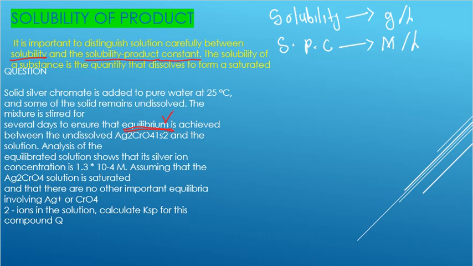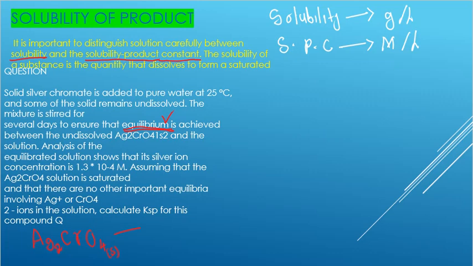I'll try to write the dissociation equation here. We have silver chromate, Ag2CrO4, and of course it will be in solid state.